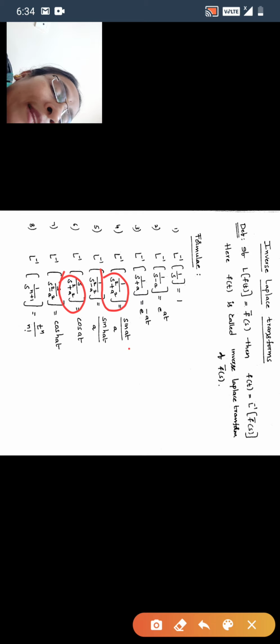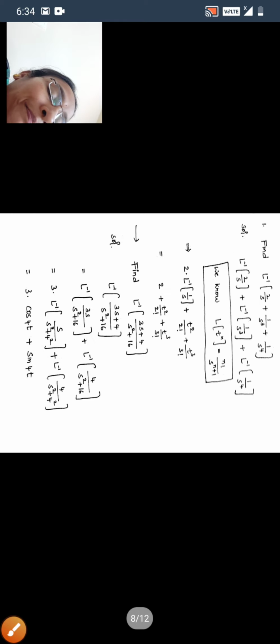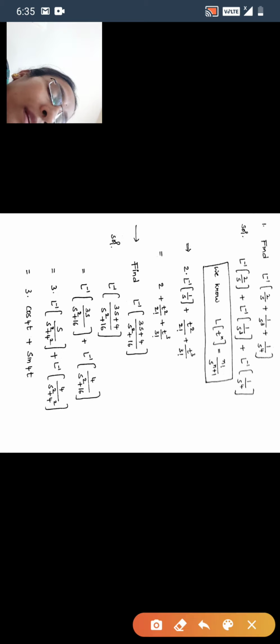For sin at, we get a by s square plus a square. For cos at, we get s by s square plus a square. Here we have 3s plus 4. That's why first split the numerator as 3s by s square plus 16 as well as 4 by s square plus 16.